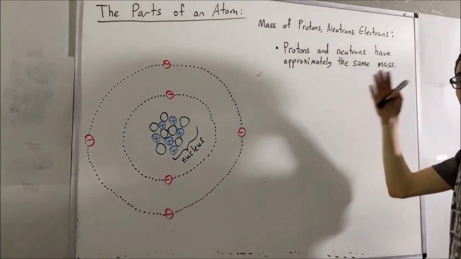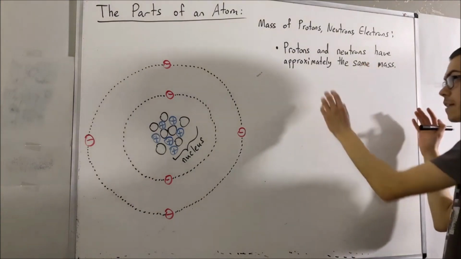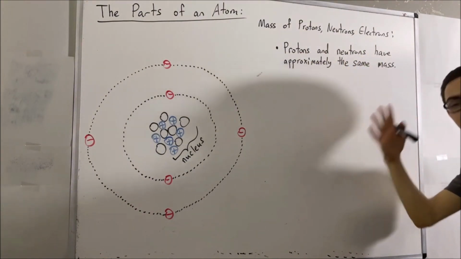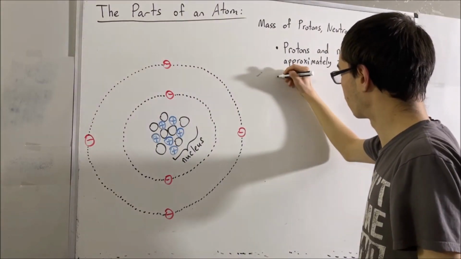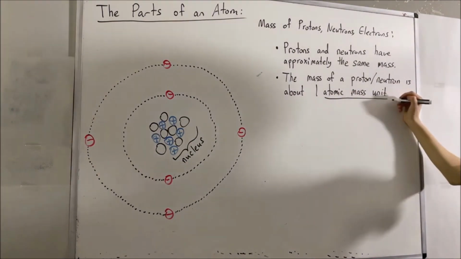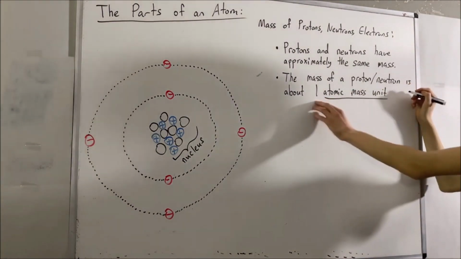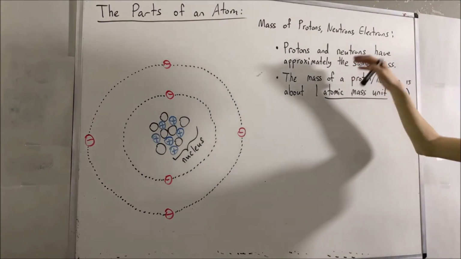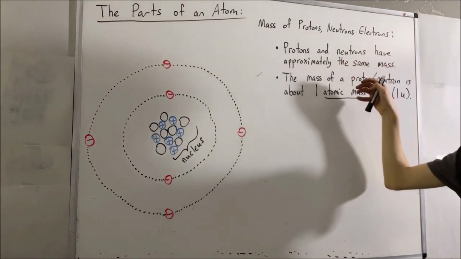And we're going to take the notion that the mass of a proton or neutron is equal to 1 atomic mass unit. Right, and the symbol for 1 atomic mass unit is 1u. Right, that's pretty much it for the mass of a proton and a neutron.